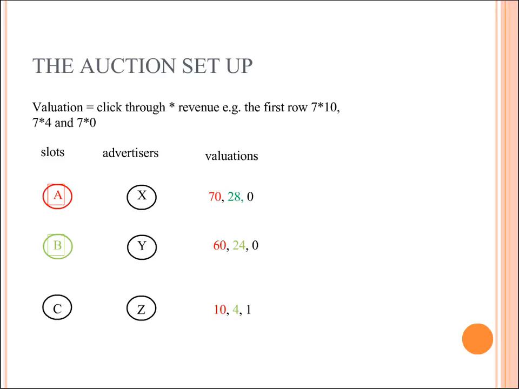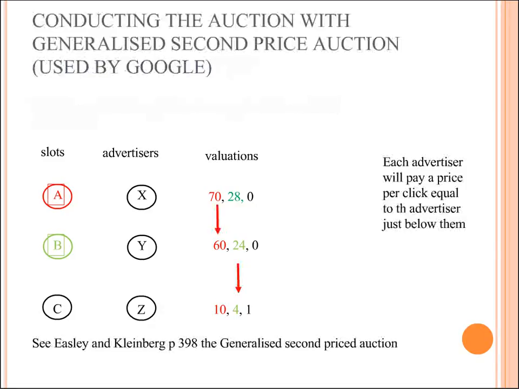So this is basically the auction setup, and in this auction there are 3 players, and all players are giving a valuation for each slot, A, B, and C, and they will only be allocated 1 slot. So the question is, how do you do this allocation and what price to pay for it? And basically it is done in a very, very simple way.